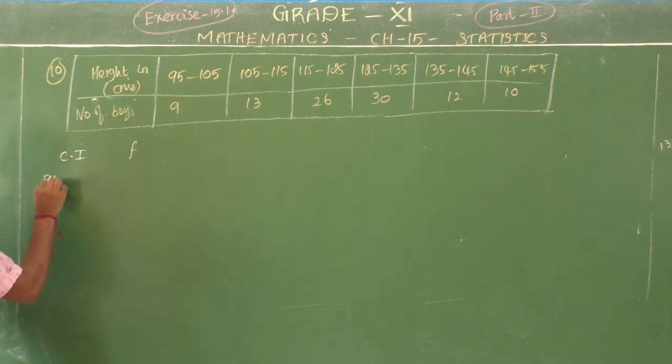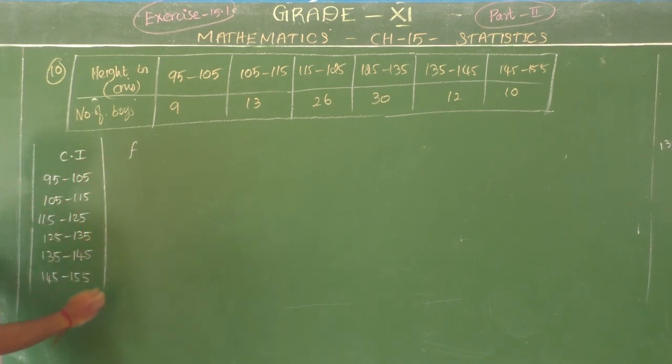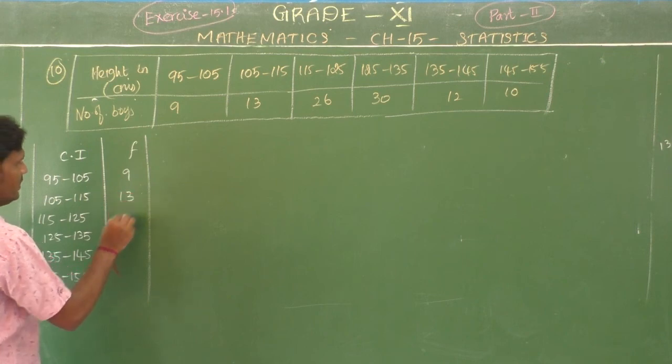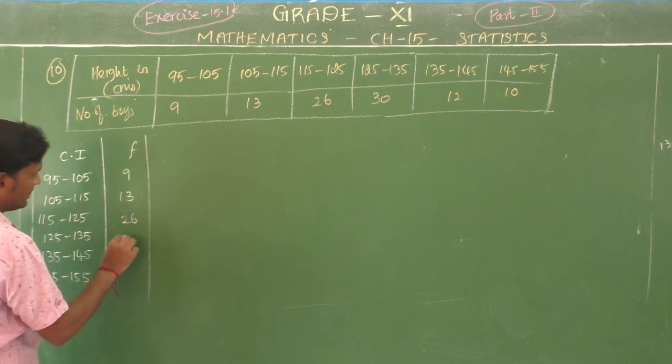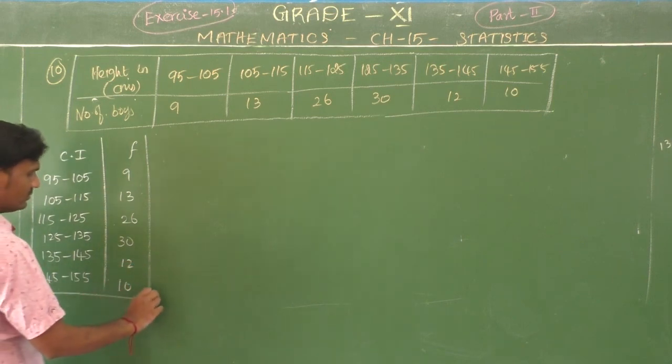So the class intervals are 95 to 105, 105 to 115, 115 to 125, 125 to 135, 135 to 145, finally 145 to 155. So these are the class intervals, and coming to the frequencies: 9, 13, 26, 30, 12 and 10. Okay.